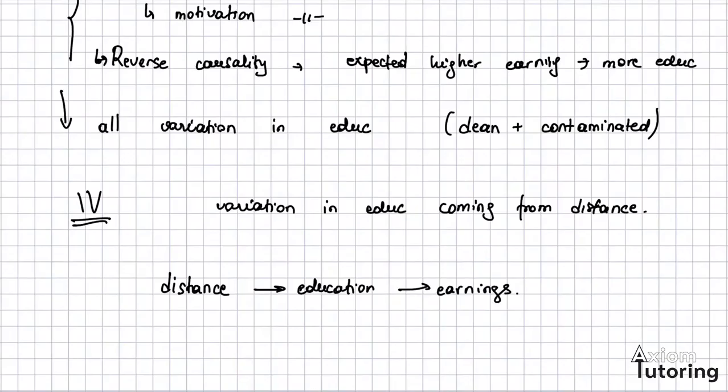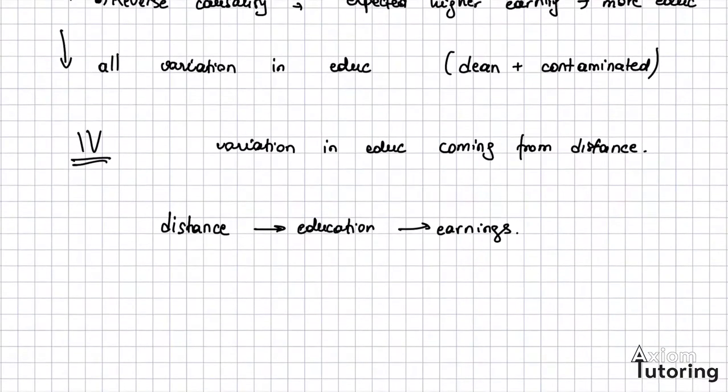So if we go back to the results that we had from the numerical example, what we have is that from stage 1, okay, distance explaining education. So here we would have that pi1 equals minus 0.2.